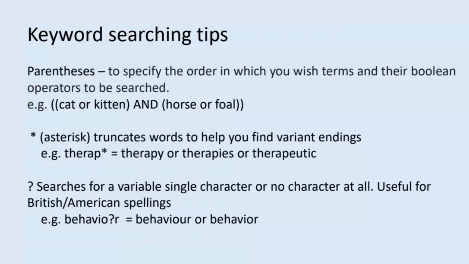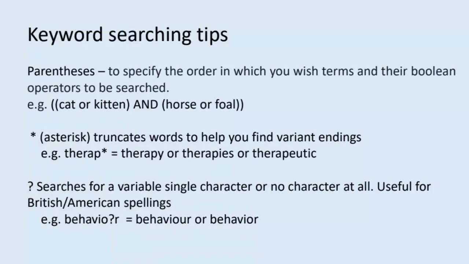The next tip or trick that you can use when dealing with your keywords is to use an asterisk. That's the small star, and that truncates the word to help find variant endings. To put that another way, it uses just the shortest possible part of the word and finds all words that start with that part of the word but end in a different way.